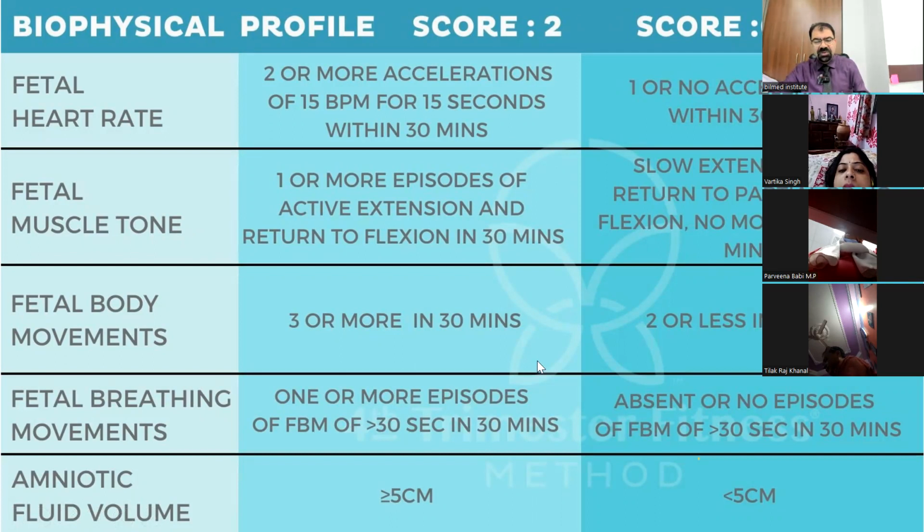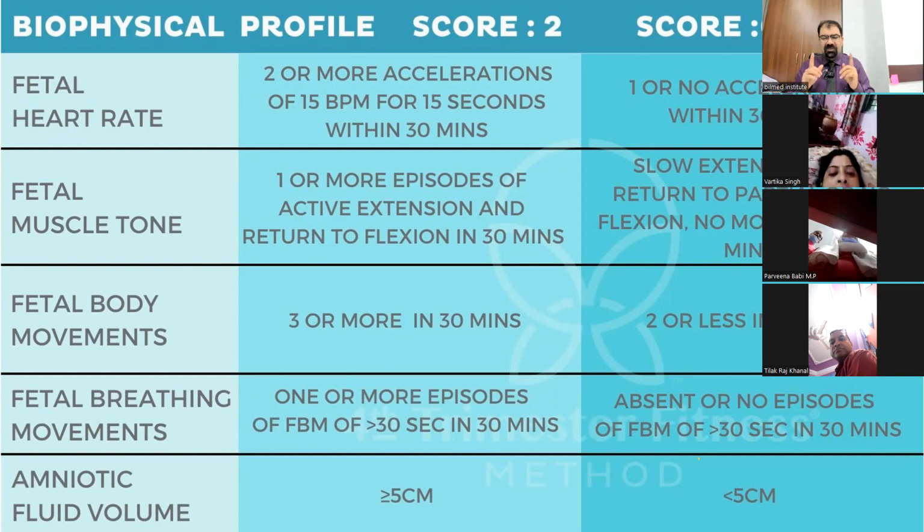Now, the next is fetal breathing movements. What to see for fetal breathing movements? Can anybody tell me which structure in the fetal abdomen I can monitor for fetal breathing movements? Put it in your comment boxes now. Till then, I will elaborate.